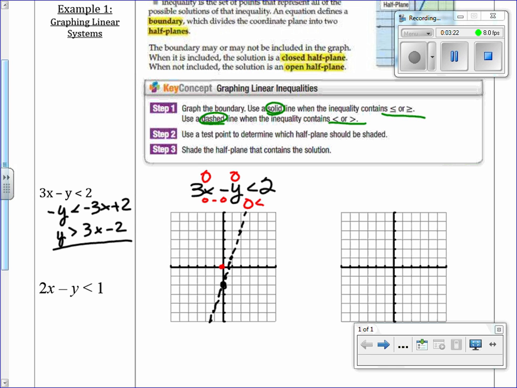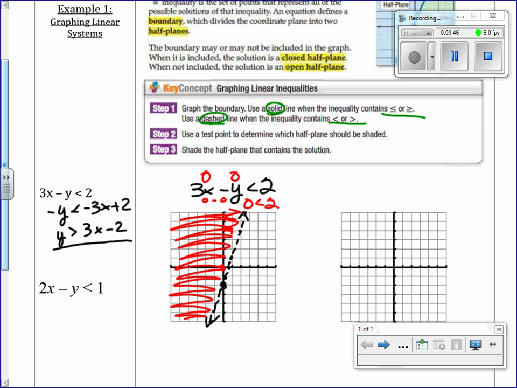Is 0 less than 2? Hopefully you said yes. Because that's one of the solutions, we're going to shade in this side of the graph. And that's it. I put arrows on my line to indicate that it does continue.